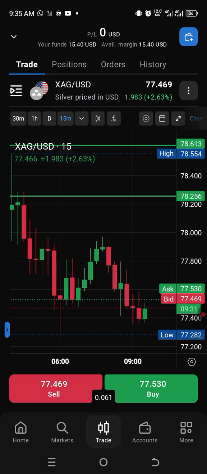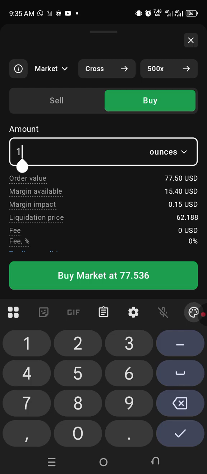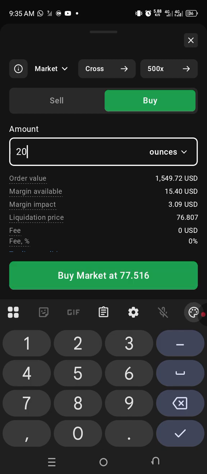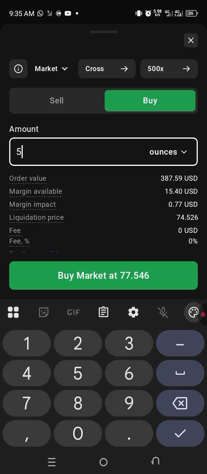So let's put 20 ounces. We see I might blow my account. I don't know. Let me see. 20. Imagine 3 USD. This looks big. This looks so big. Does it do 5? Let me see. 5.